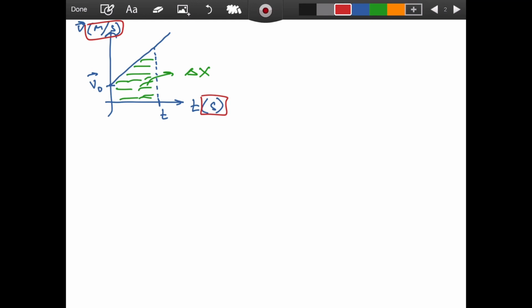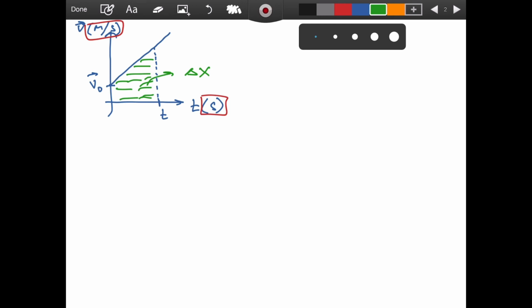We do not get information about our initial position from this graph. We would need a position versus time graph to be able to get that. But we get information about delta x, the change in position. And if we know the initial position, we then can figure out the final position as well by adding delta x and the initial position.